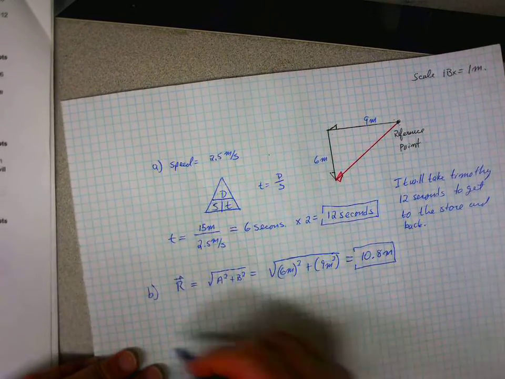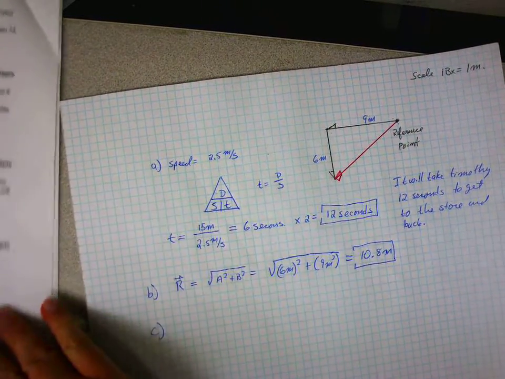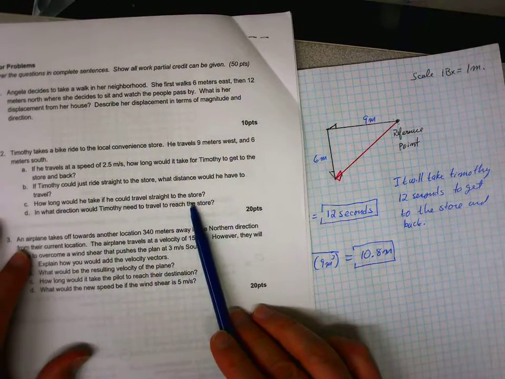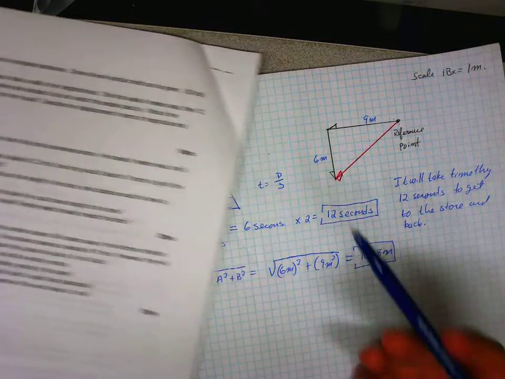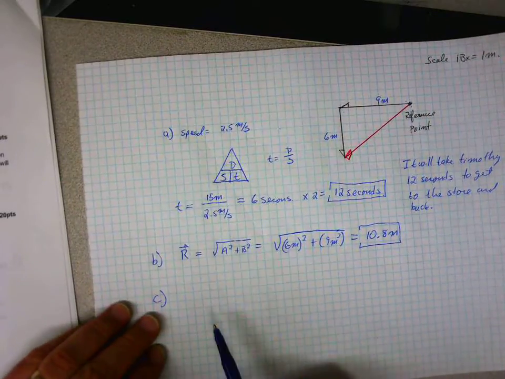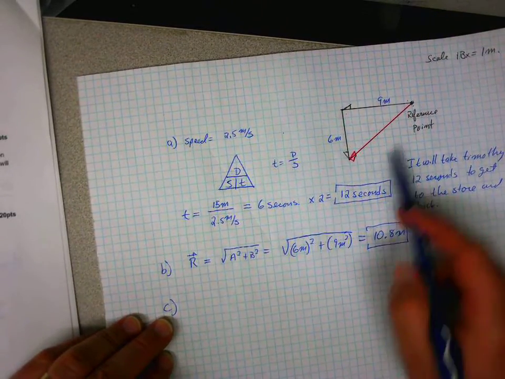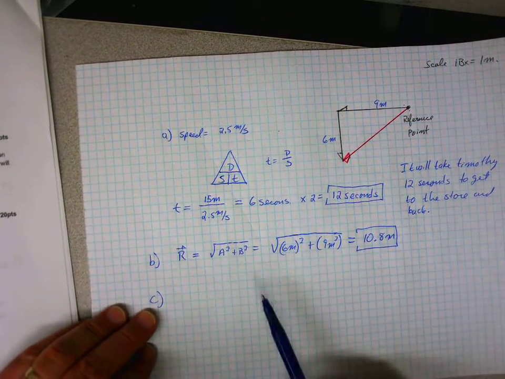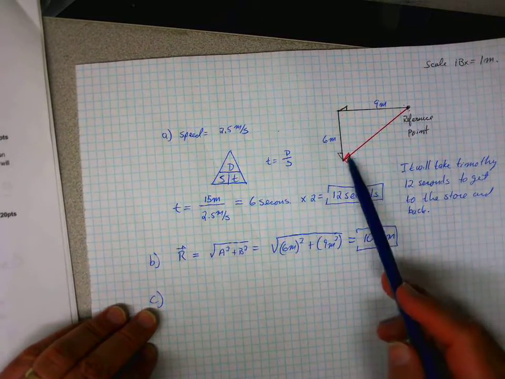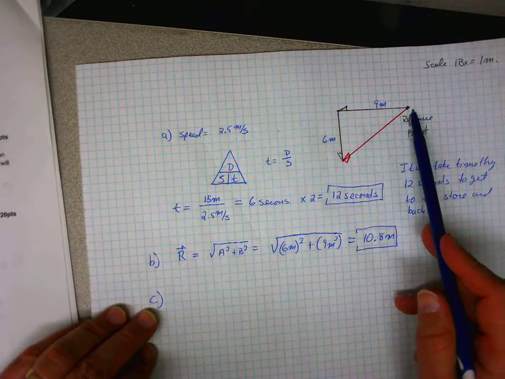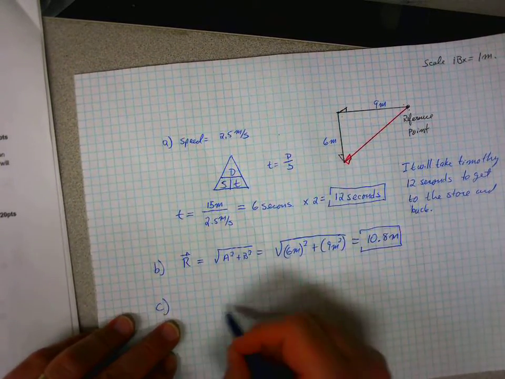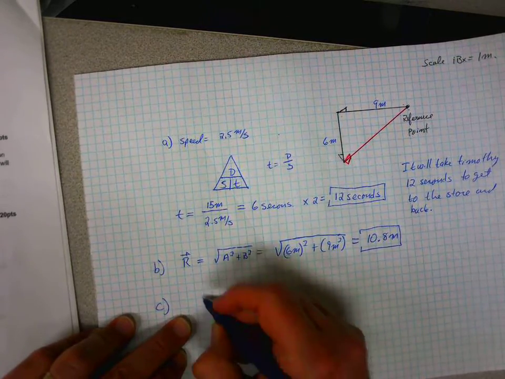Now we go to C. C is asking, how long would it take if he could travel straight to the store? So again, we go right back to this formula, and we're asking for the time it took for him to go straight to the store. It's not asking how long it takes for him to go straight to the store and back, so it's just a simple one-time calculation.